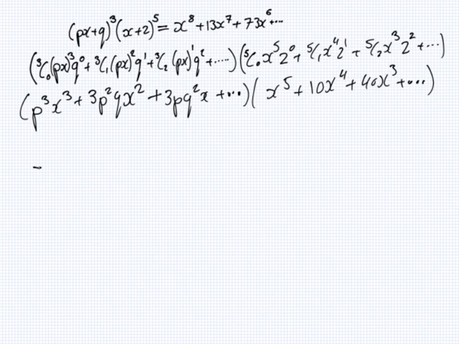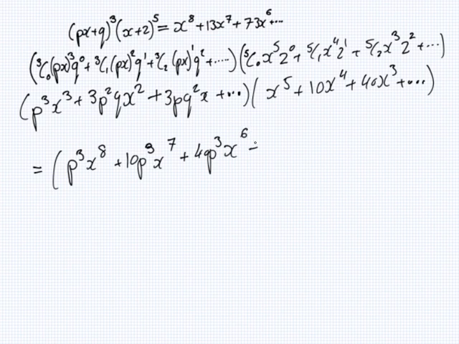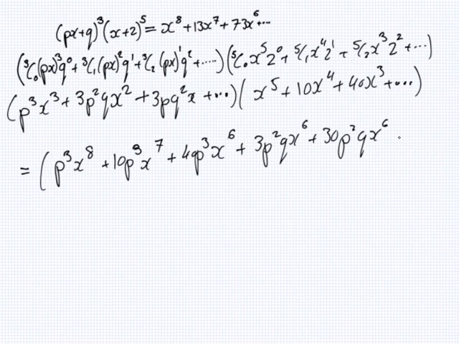So the first one will be p cubed x8 plus 10p cubed x7 plus 40p cubed x6 plus 3p squared q x6 plus 30p squared q x6.